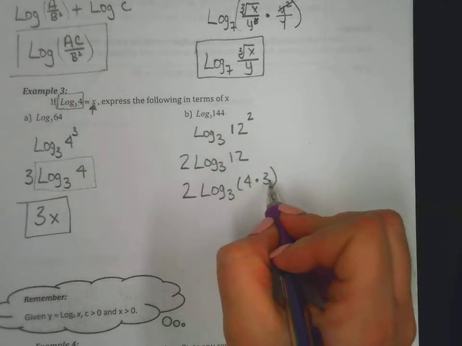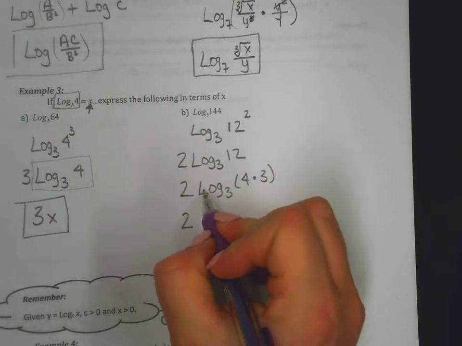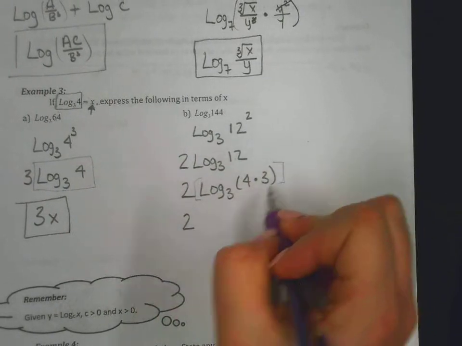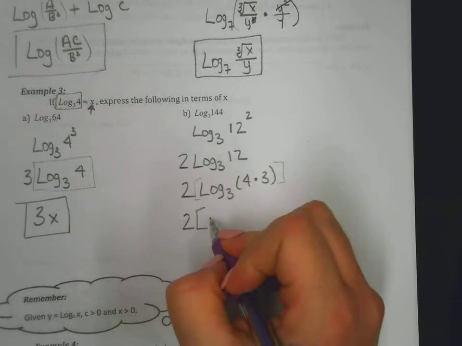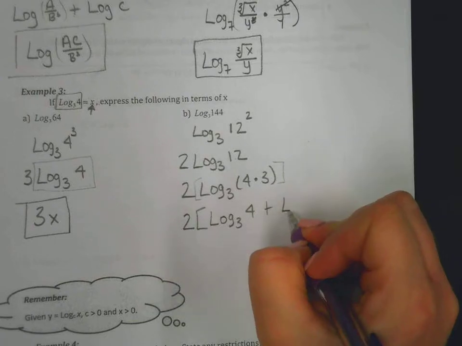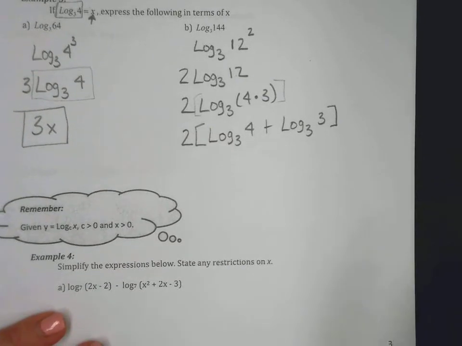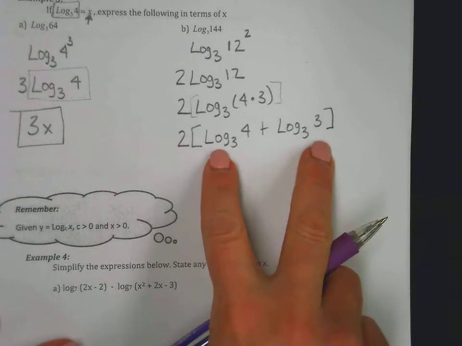Now I can rewrite this using my product law. Remember, this 2 needs to be multiplied by this whole thing. So this needs to be in a separate set of brackets. So I have log base 3 of 4 plus log base 3 of 3. All right, so now I'm going to evaluate inside my square brackets.